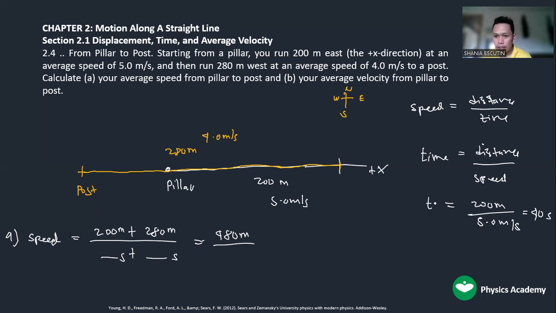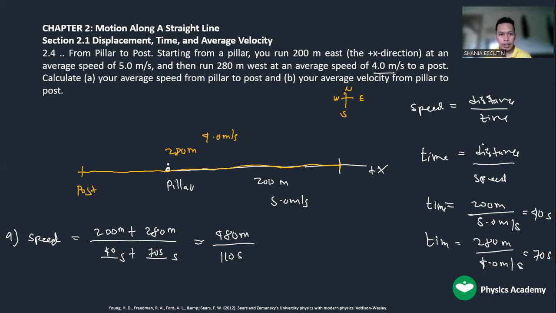The other time: 280 meters at an average speed of 4.0 meters per second gives you 70 seconds. So 40 seconds plus 70 seconds is 110 seconds.